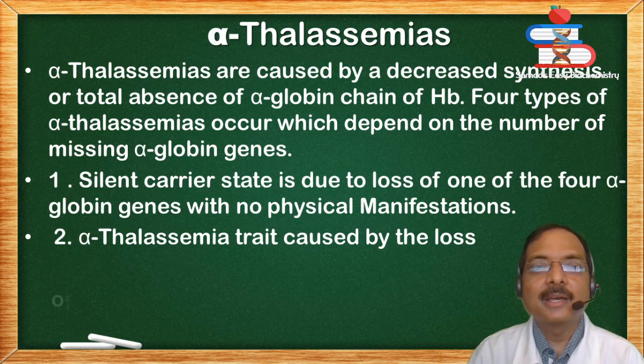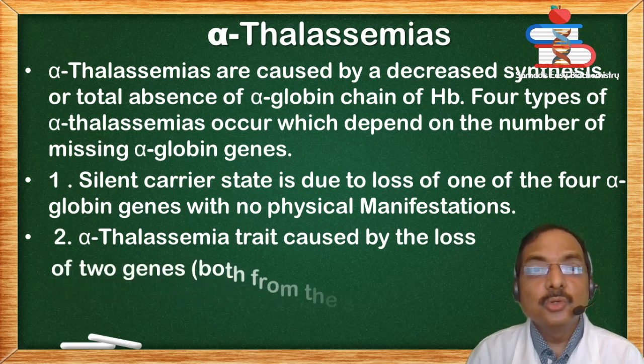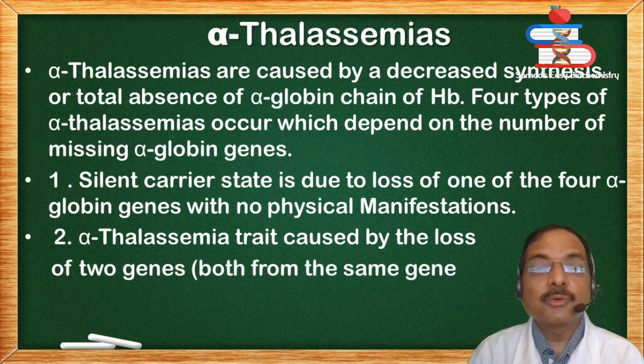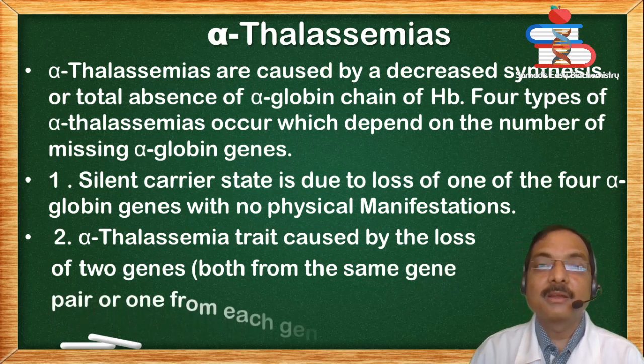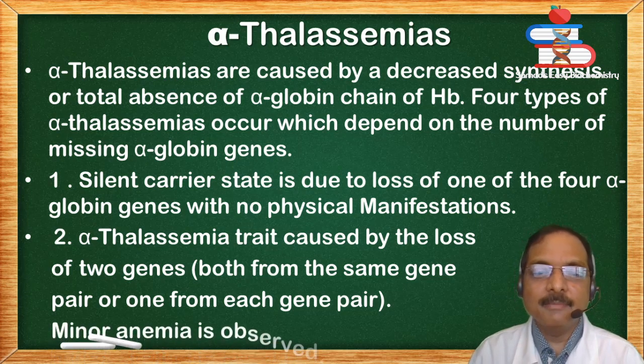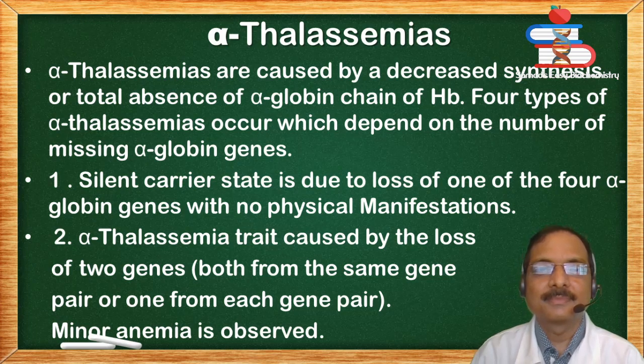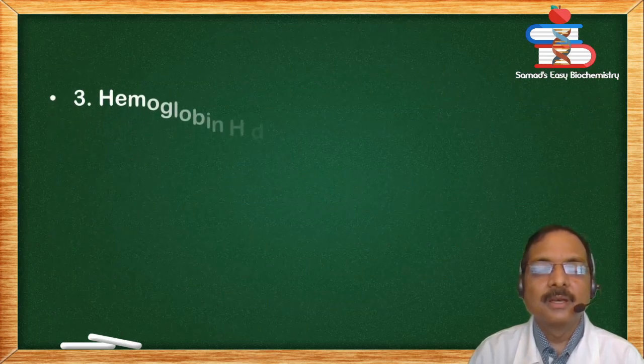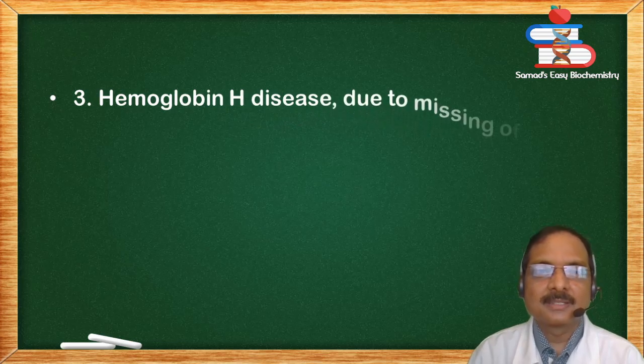It is caused by the loss of 2 genes, both from the same gene pair or one from each gene pair. Minor anemia is observed in alpha-thalassemia trait. Third, hemoglobin H disease.